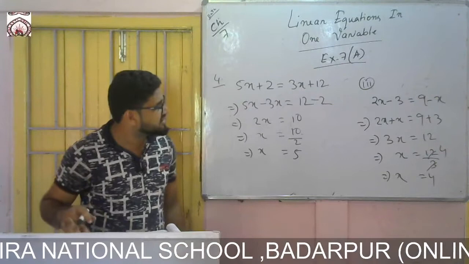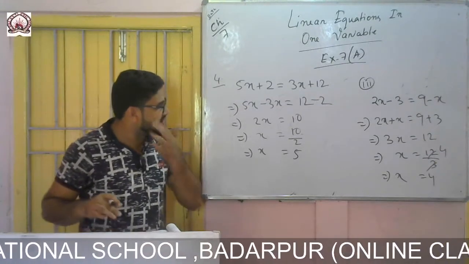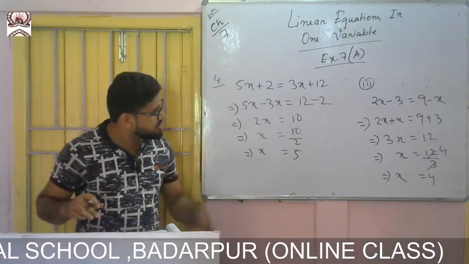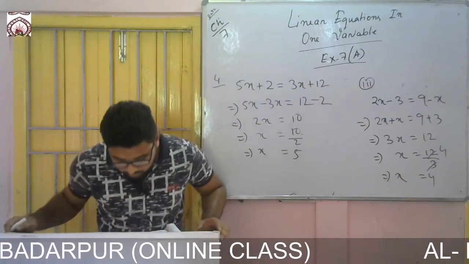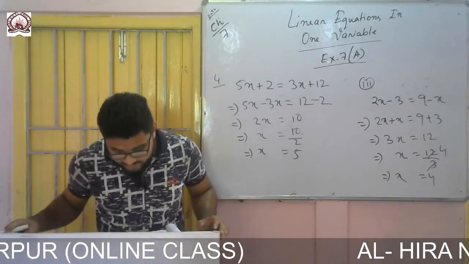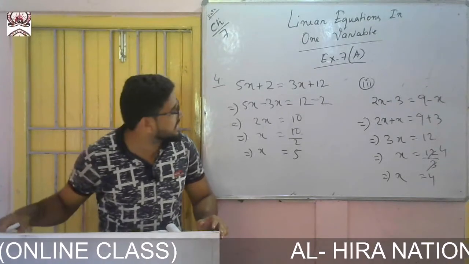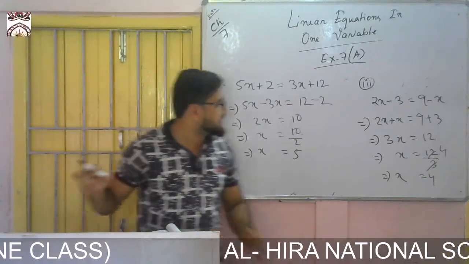Let me check one time. Twice x minus 3 minus x. Twice x, here it is minus, so it will come here plus 3.